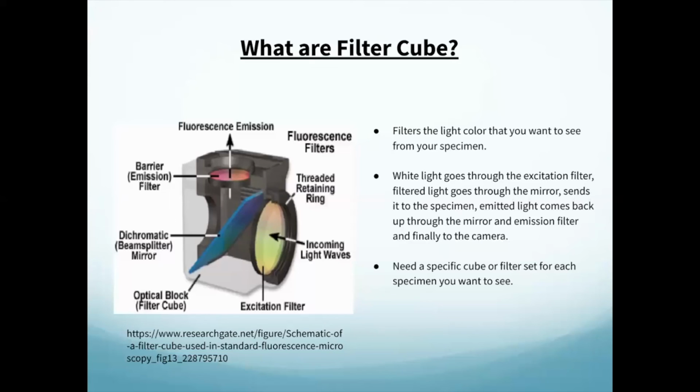Light is then emitted from the specimen and comes back up through the mirror and through the emission filter and finally to the camera. You do need different filter cubes or filter sets for each specimen that you would like to view or see. Thank you.